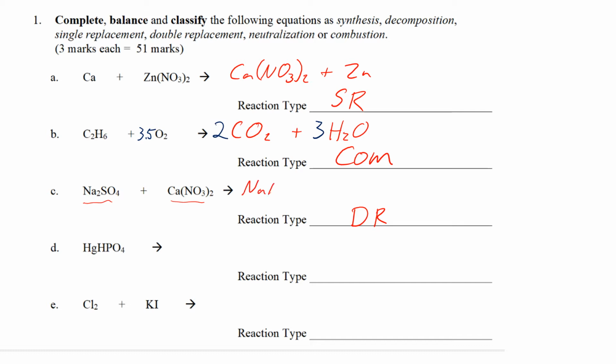It's going to be NaNO3, and Na is +1 and NO3 is -1, so there are going to be no subscripts after it. Ca, calcium is 2+, and sulfate is 2-, so it's just going to be CaSO4.